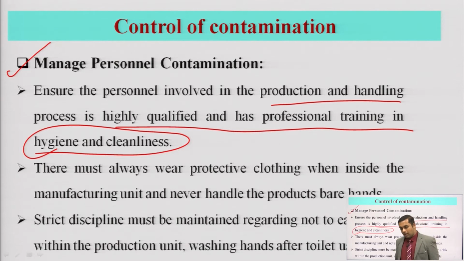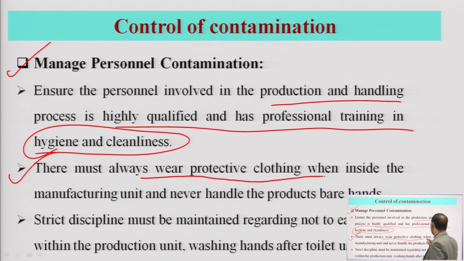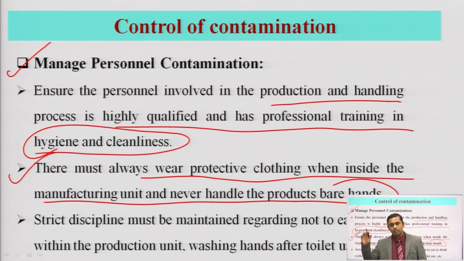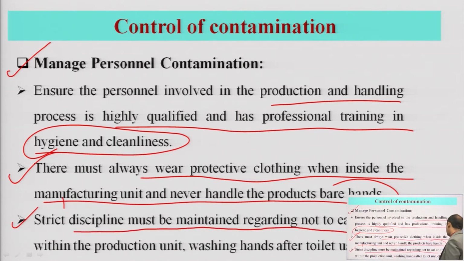If you do proper training, you will get good results. They must always wear protective clothing inside the manufacturing unit and never handle the product with bare hands. They should wear gloves, and strict discipline must be maintained regarding not eating or drinking within the production unit, and washing hands after toilet use.